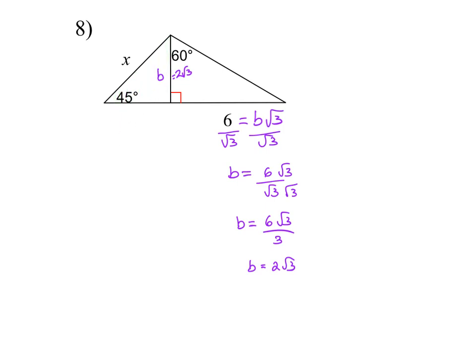So x equals 2 times the square root of 3 times the square root of 2. That means that x equals 2 square root of 6.